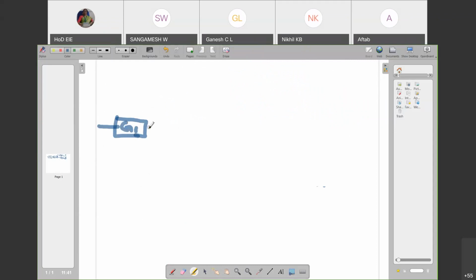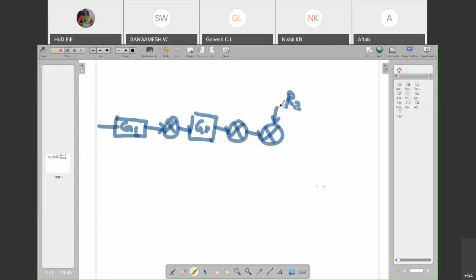G1 with a summing element, G2, then another summing element with R2. S1, S2, S3.